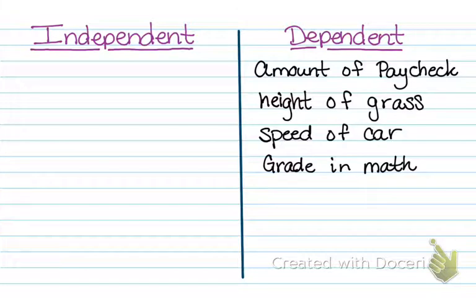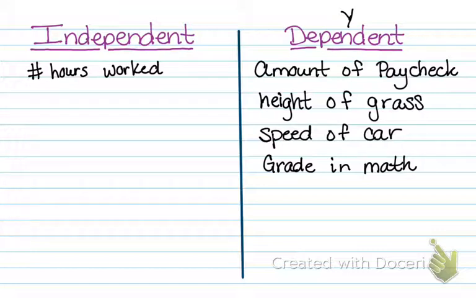Remember, our dependent is the y values, and we are thinking what has control over how much your check is. Well, it might be the number of hours worked. It might be the number of sales you made, or the number of children that you kept if you're getting paid by a child, maybe babysitting.